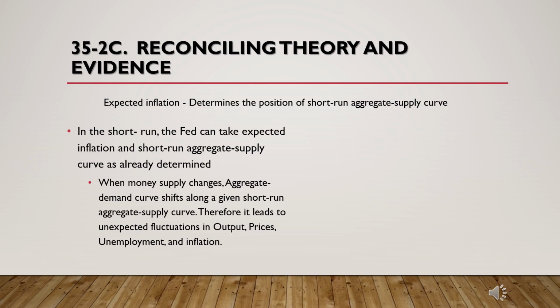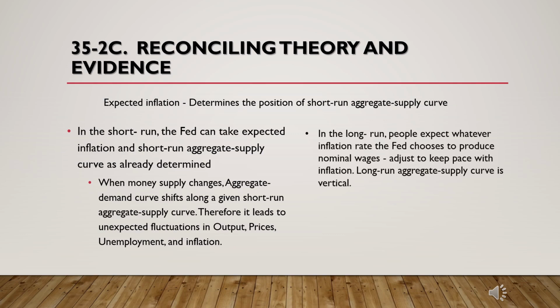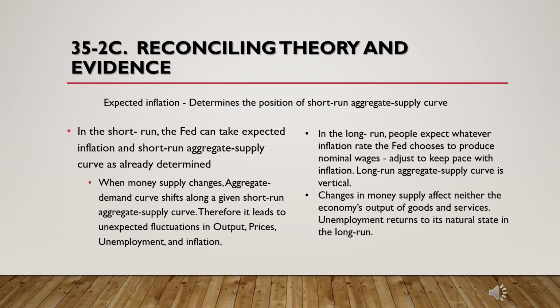On the other hand, in the long run, people expect whatever inflation rate the Fed chooses to produce, and nominal wages adjust to keep pace with inflation. The long-run aggregate supply curve is vertical. Changes in the money supply do not affect the economy's output of goods and services. Thus, unemployment returns to its natural state in the long run.